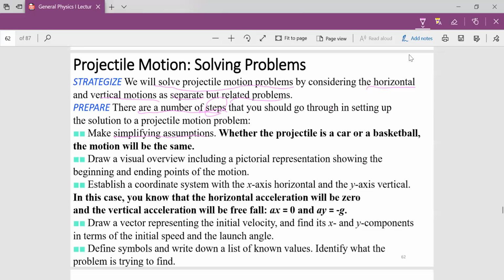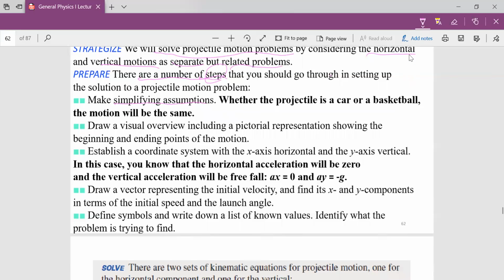That is, we assume that all objects can be represented with a model. No matter the size of the object, you can use a dot to represent it, be it a car or a basketball. Okay, so you can make a picture diagram of what the motion is described as.